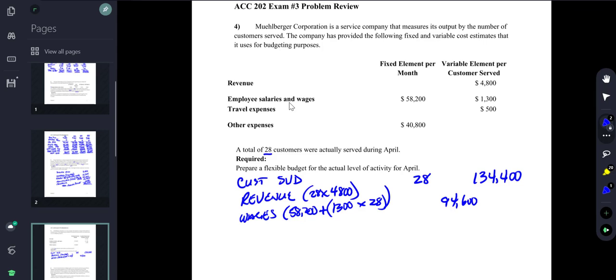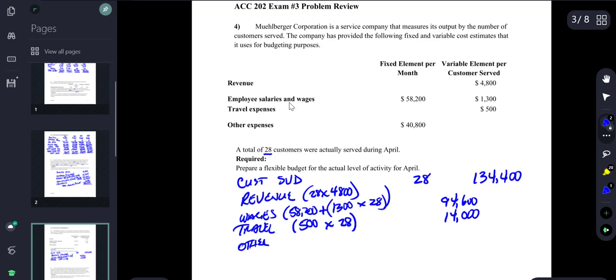Then we have travel, which is $500 times the quantity, so 500 times 28. So we have 14,000 there. Then we're going to have other expenses, and these other expenses do not have anything but fixed expenses in them.